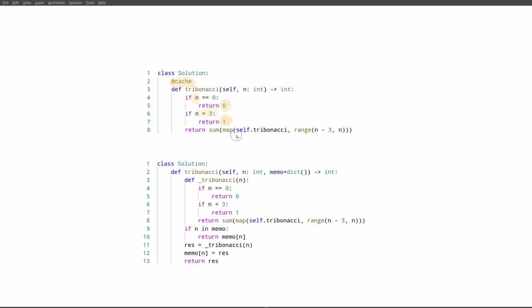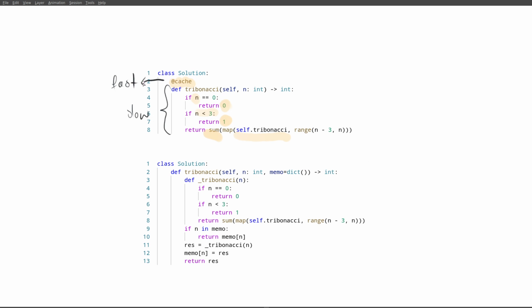Otherwise, we recurse, so we call Tribonacci on numbers from n minus 3 to n, not including n, so n minus 3, n minus 2, n minus 1. We sum them, and this is our result. So this thing here is the slow solution, and this simple decorator makes it fast.